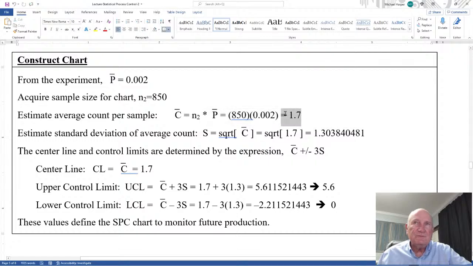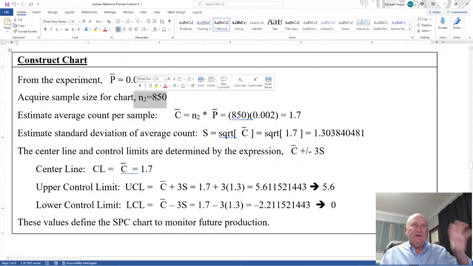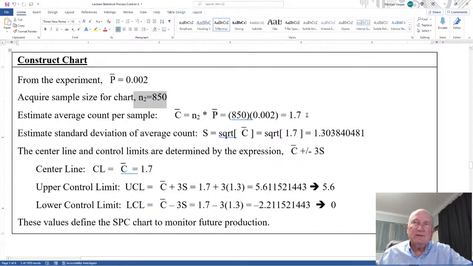So on the average, if we measure a very large number of samples of 850, on the average, the number of counts will be 1.7 per sample.